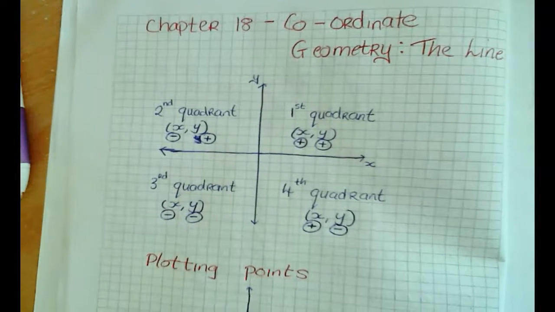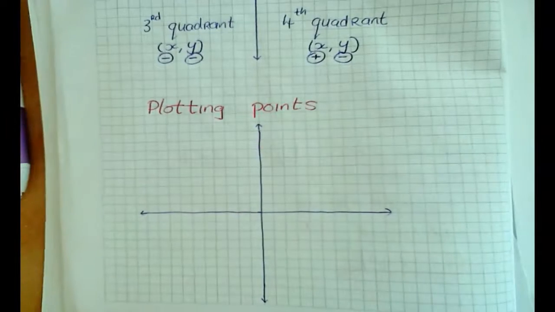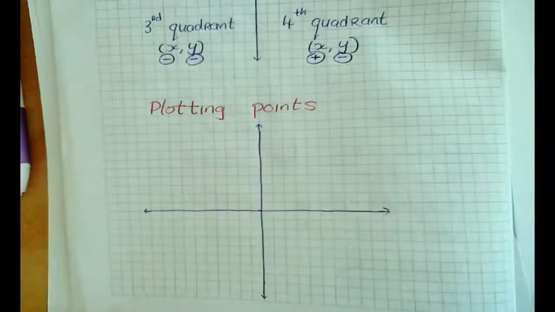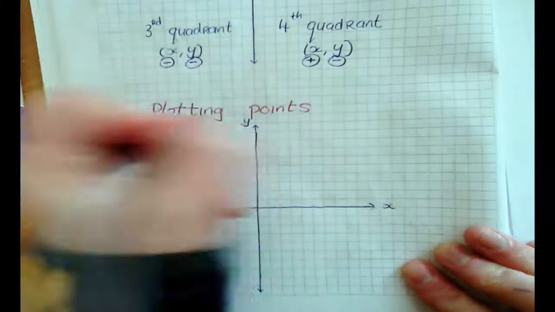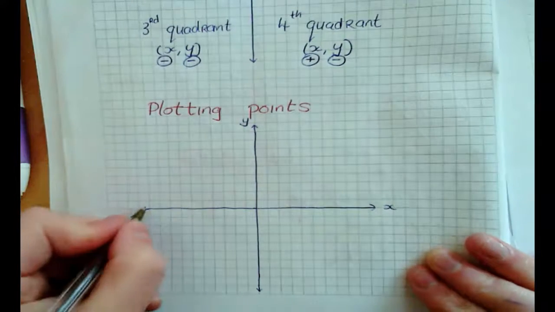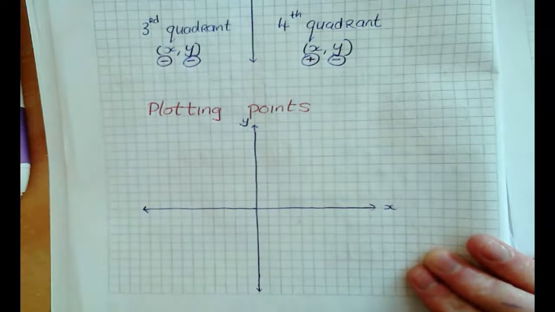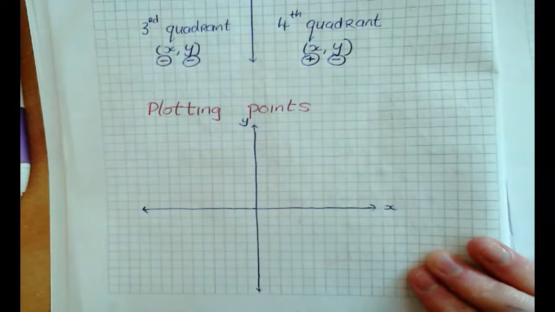Now we're going to have a look at plotting some points. So we draw out our axis, our x and our y. Lads, make sure you're using a ruler when you're drawing out your axis. The biggest mistake I see boys making with this is the scale.